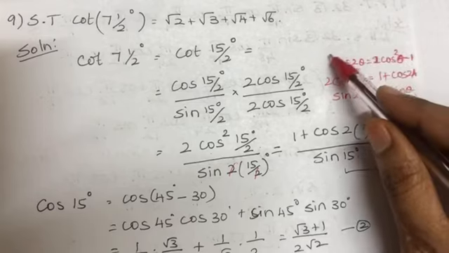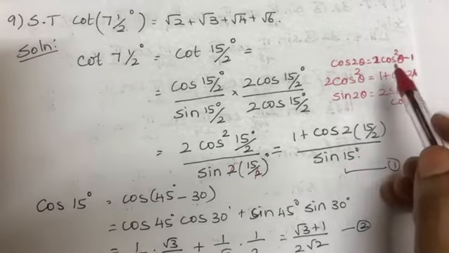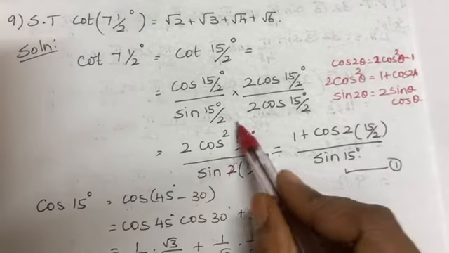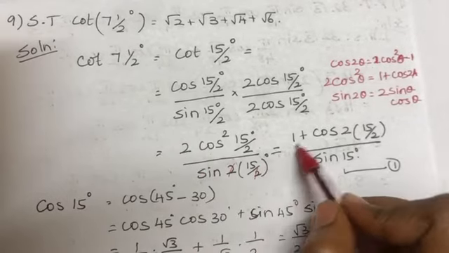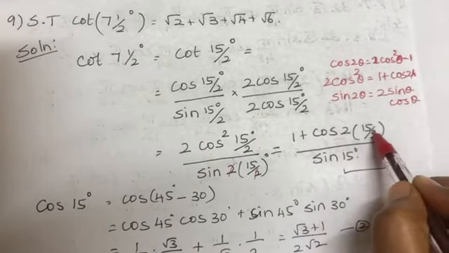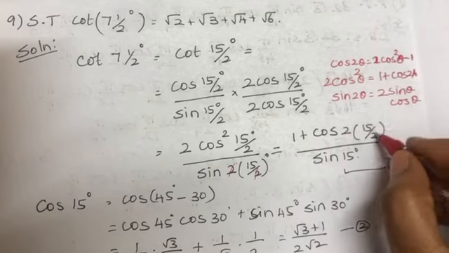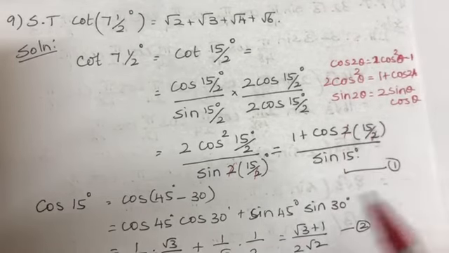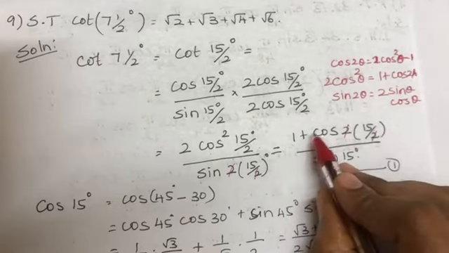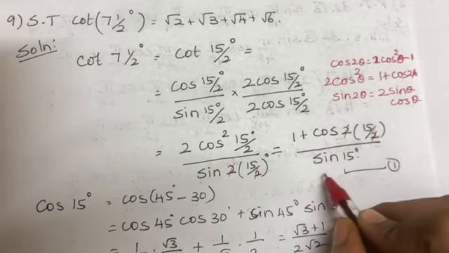The minus 1 going over becomes plus 1. So, I write 2 cos square 15 by 2 as 1 plus cos 2 into 15 by 2. So, 2 and 2 will get cancelled. So, it will become 1 plus cos 15 divided by sin 15.